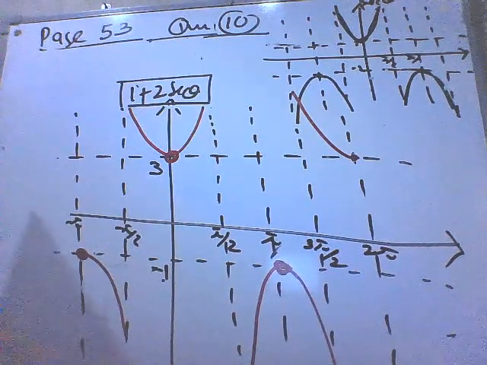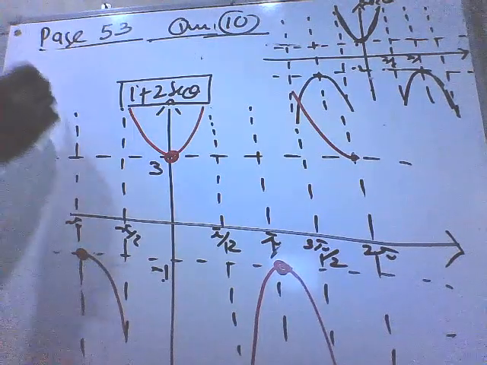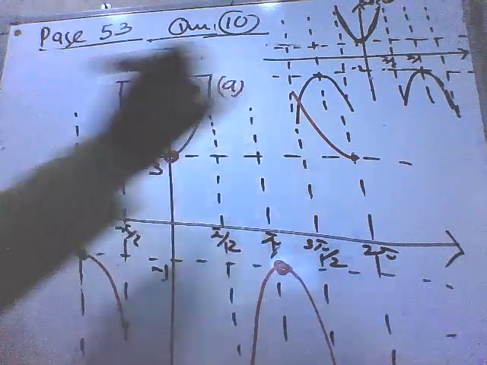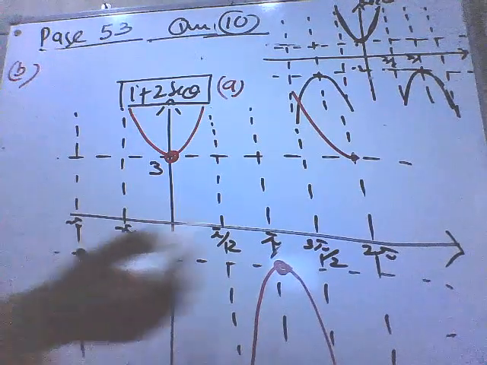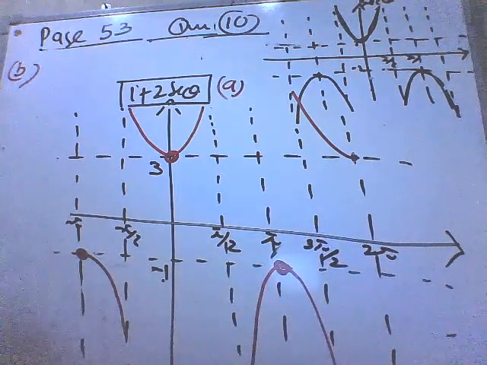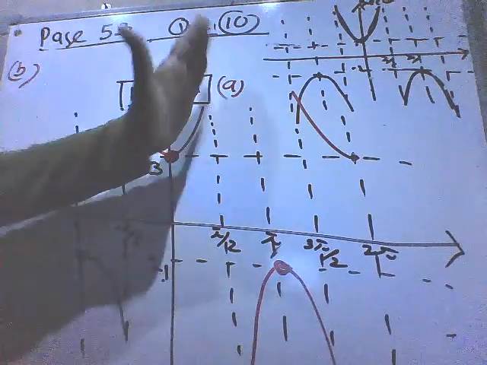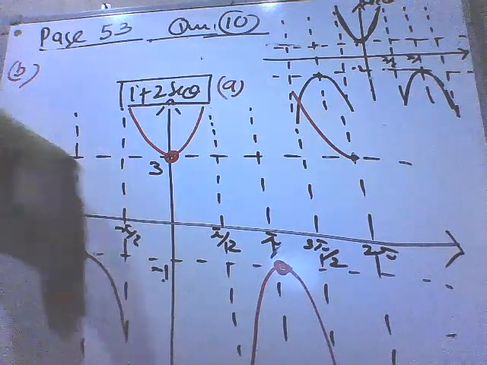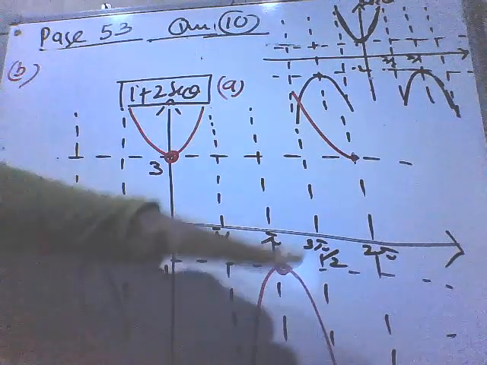Write down the theta values of the points at which the gradient is 0. So now this was part A, sketching. So part B, what are the points? In this range, what are the theta values at which the gradient is 0? Gradient means our tangent. So the tangent gradient becomes 0 at these minimum points.